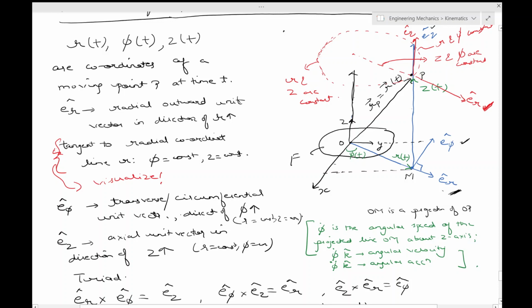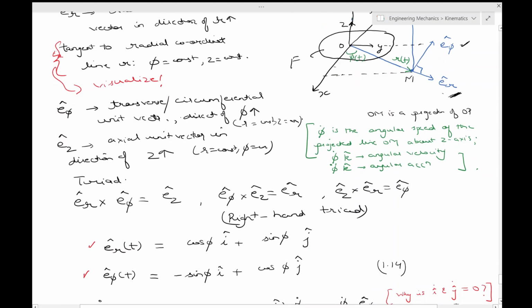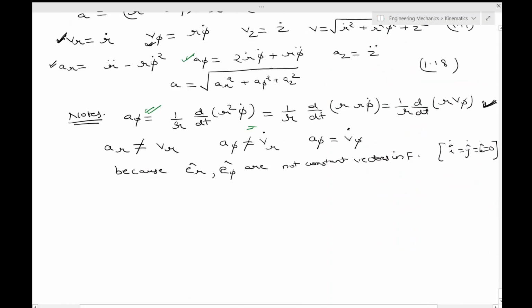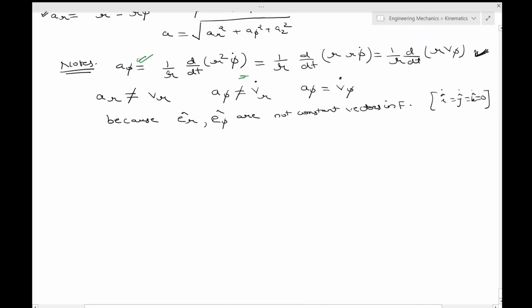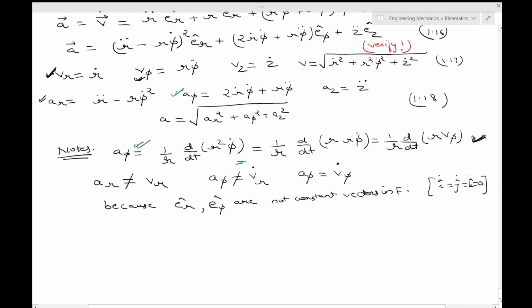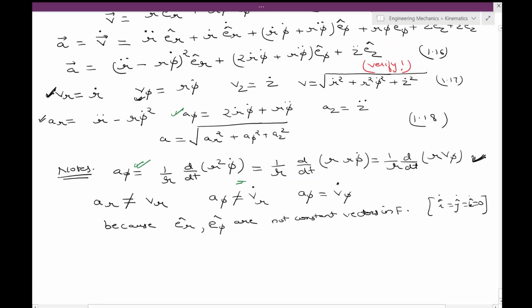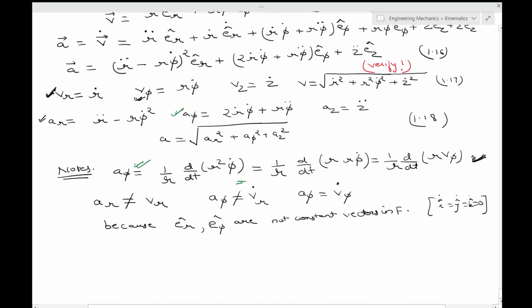Now, as I have been very specific, this is the angular speed of the projected line OM. A moving point will not have any angular velocity ever. Like P does not have an angular velocity because it has no orientation as such. So let me make that as a separate note. You should be careful in discussing the concepts of angular speed and velocity. It's of the projected line.